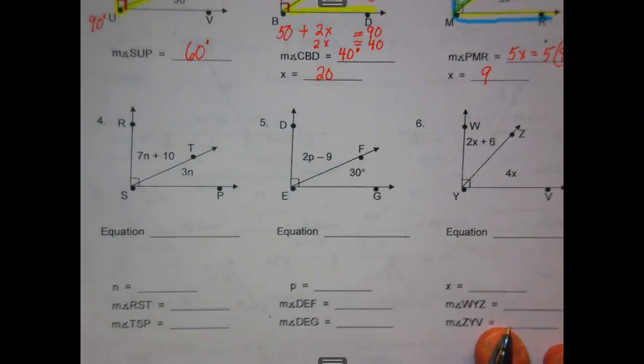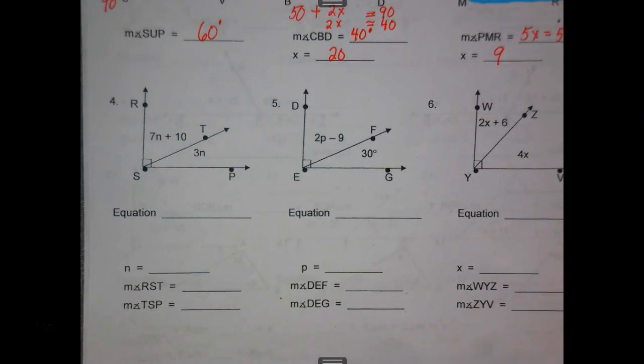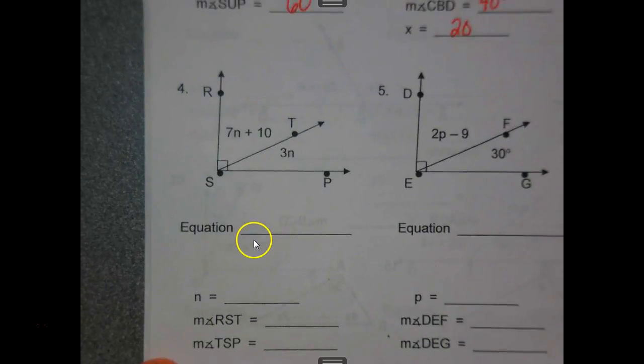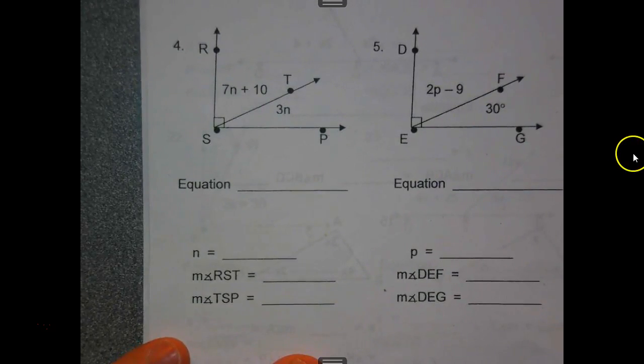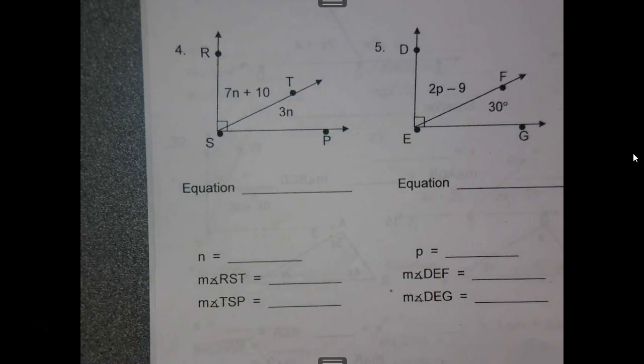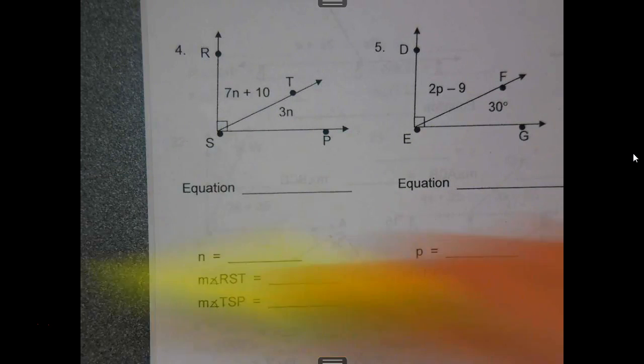All right, number 4. So we're going to have to start coming up with equations because you can't really do this in your head anymore. Okay, so we're going to have to find n.